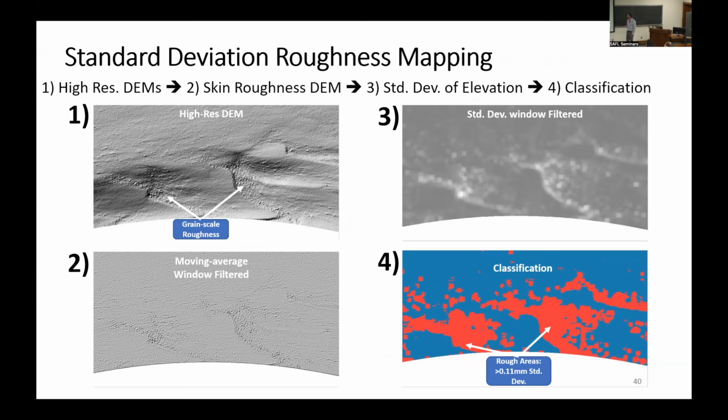So what we did to try to characterize that was do a moving average window over that data set to essentially average out any dune topography to just get the grain scale variations, and then run a standard deviation window across that filtered data, and then classify through some threshold, in this case 0.11 millimeters standard deviation, individual pixels in here that we would classify as coarse versus fine. So we didn't get grain size necessarily from this, but we did get the pattern and percent of channel that we might characterize as coarse versus fine versus medium.